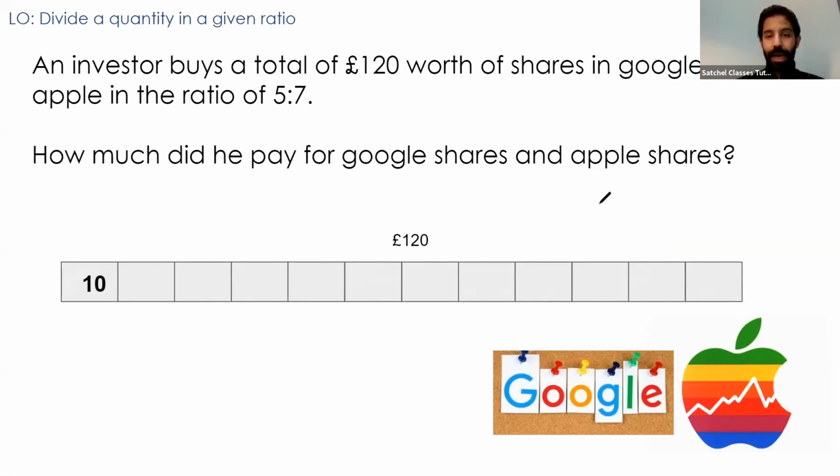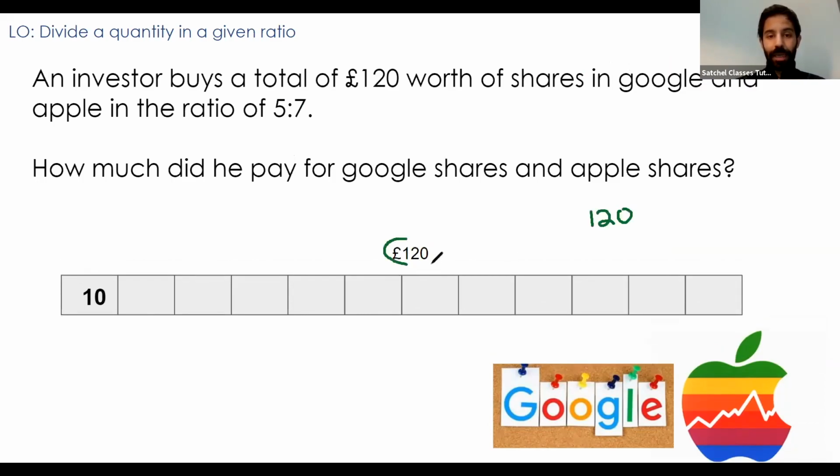We got 10 by doing this amount divided by the total parts we had, which is 5 plus 7, it's 12. So one part is equal to 10, and that's where we got this 10 from. So 12 parts will give us 120.